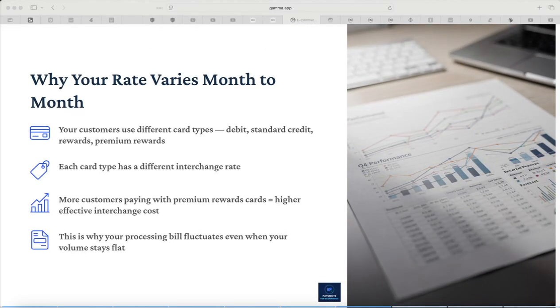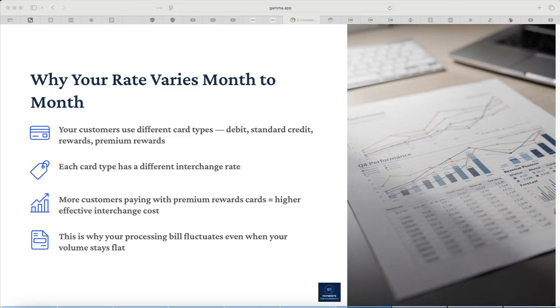Now, this is something that confuses a lot of e-commerce operators. Your processing bill goes up one month and down the next, even when your volume is roughly the same. The reason is your card mix. Your customers are not all using the same type of card. Some are paying with debit cards, which carry much lower interchange rates. Some are using basic consumer credit.